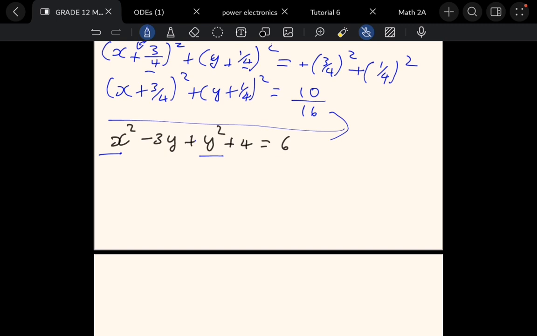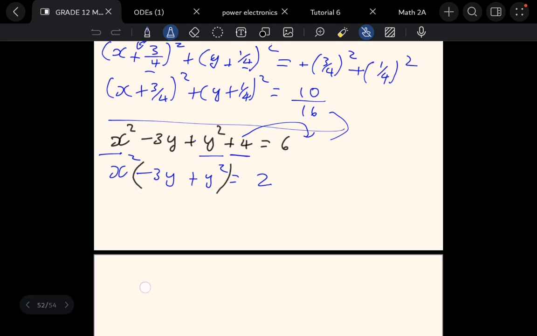There is a constant on this side, which is what? 4. Take it to the other side, and you will be left with x squared minus 3y plus y squared is equal to what? 2. And then complete the square, for x and also for y.